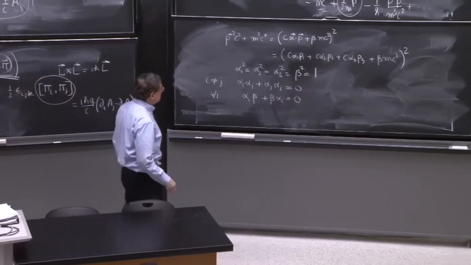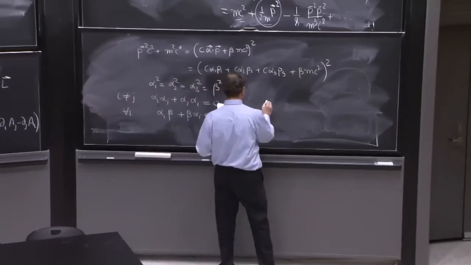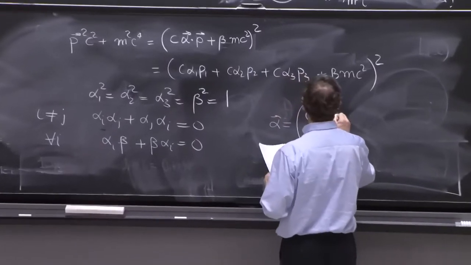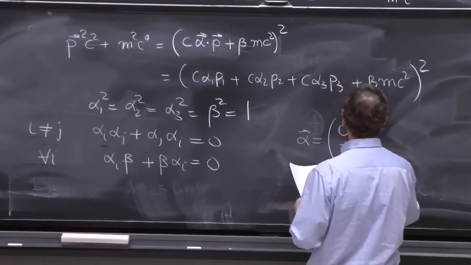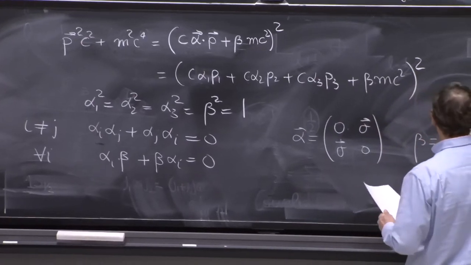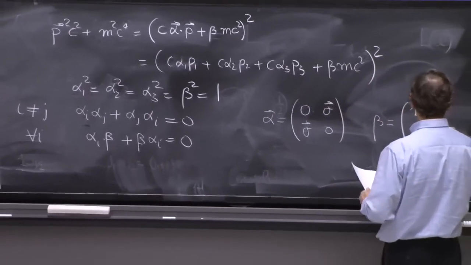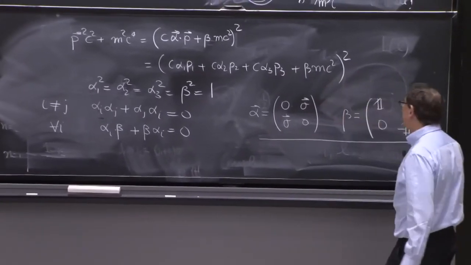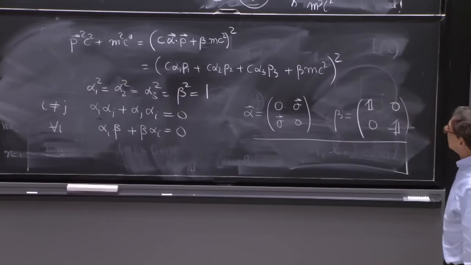So the solution is alpha is (0, sigma; sigma, 0), and beta is (1, 0; 0, minus 1). This is the simplest solution, 4x4 matrices.